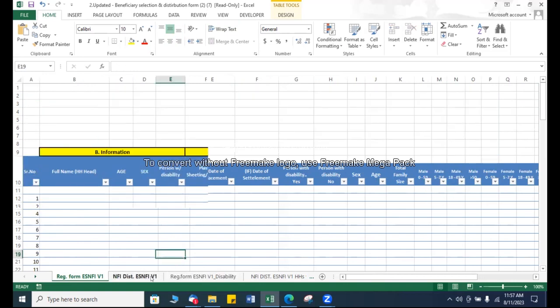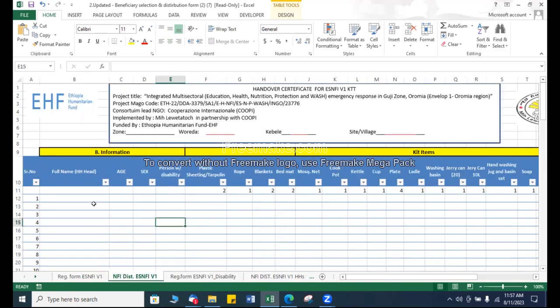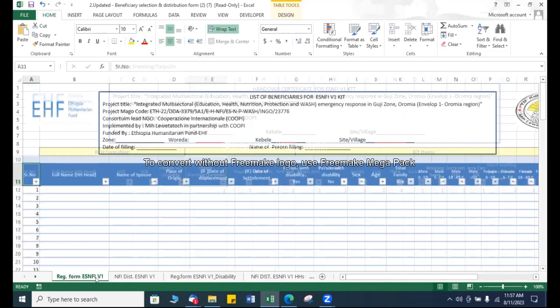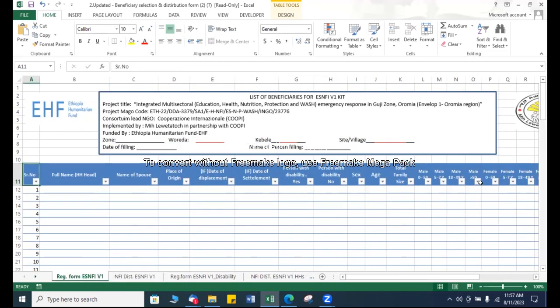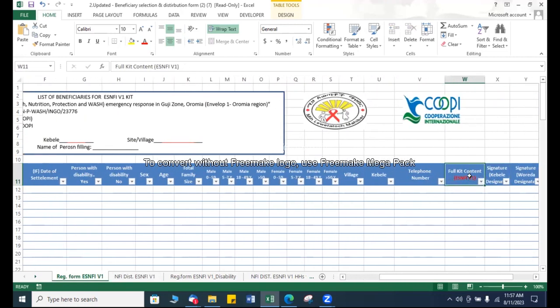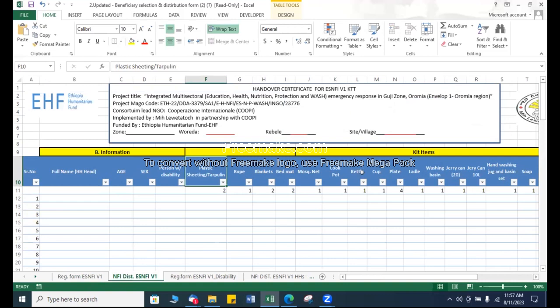But while you are also distributing responses, everything that you are handing over has to be reflected. As you are seeing here, on the first registration form, we have put it generally saying SNFI volume 1, but for the distribution file, we have split it based on the kit package it has.